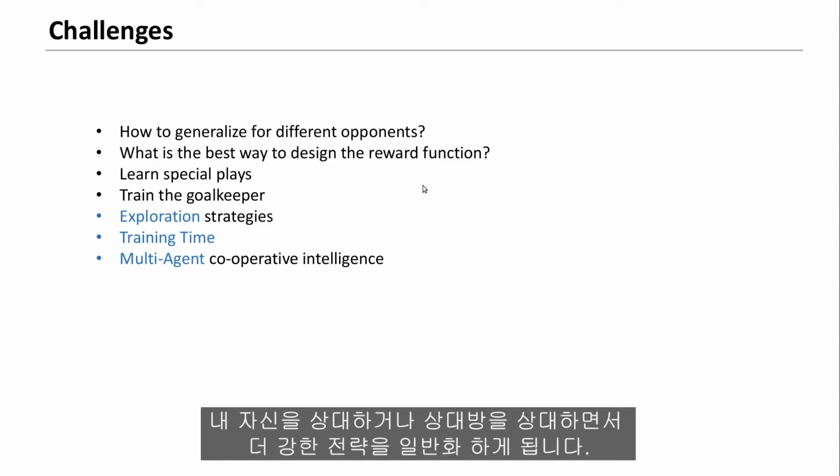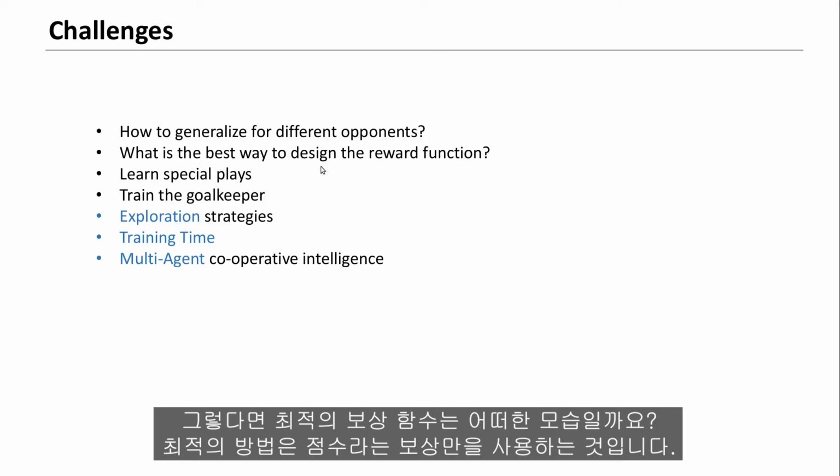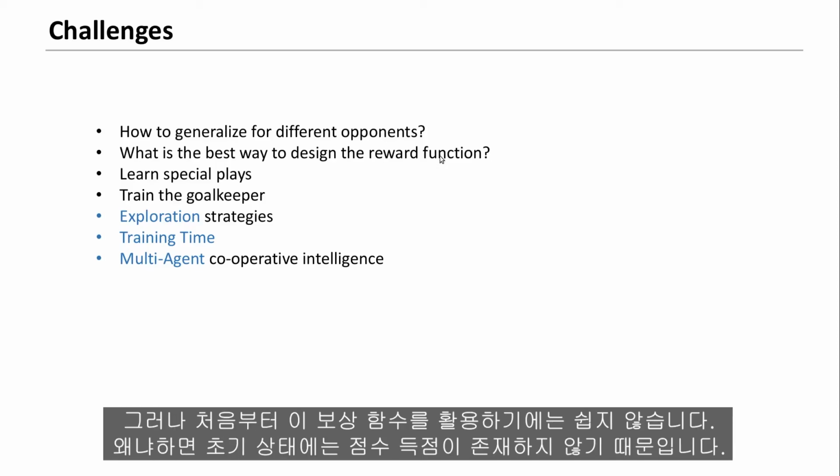So we need to play against ourselves or play against other opponents so we can generalize and get a good, strong strategy. And what's the best way to design the reward function? Actually the best reward function would be just using the score and concede for the reward, but if you just use that reward function, we're not able to learn because we are not able to score at the beginning of training.